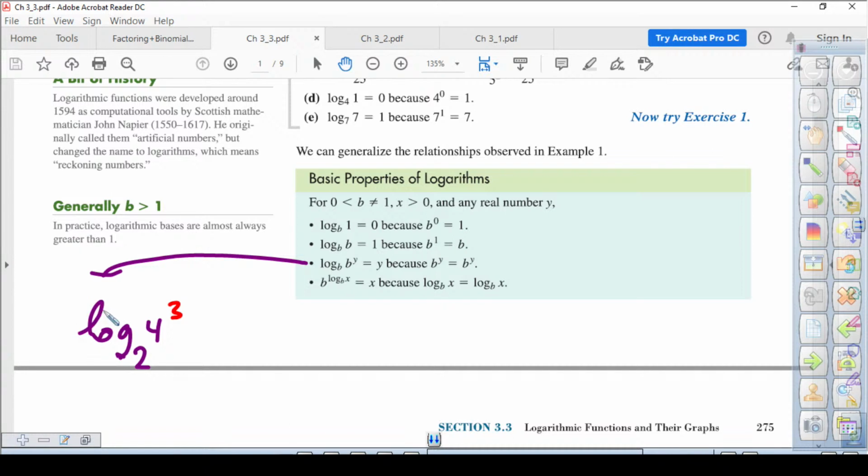Okay? So what they're saying here is, hold on a second, because it looks like I'm giving you 2 steps in one. I'm going to go to 2 and then 3rd, okay? To the 3rd power.